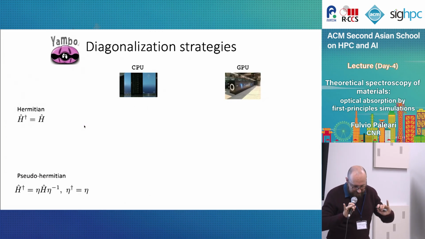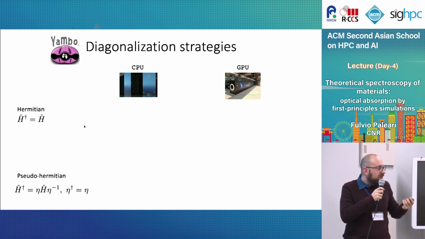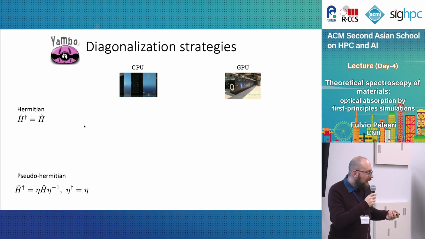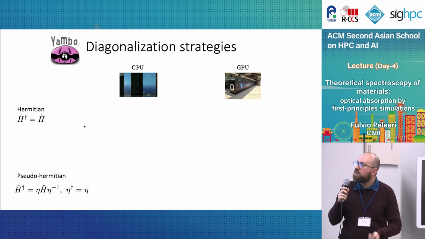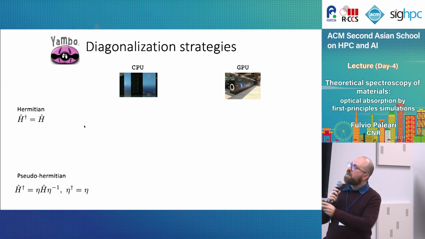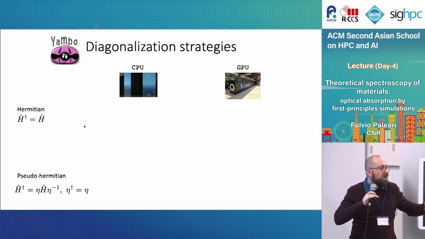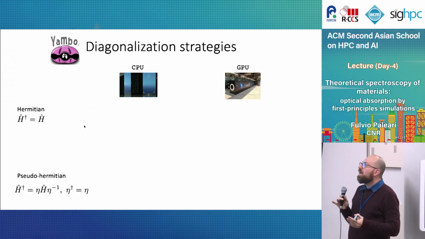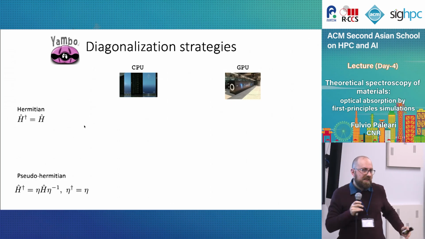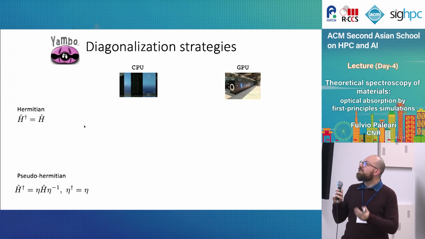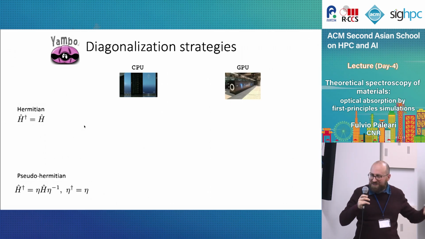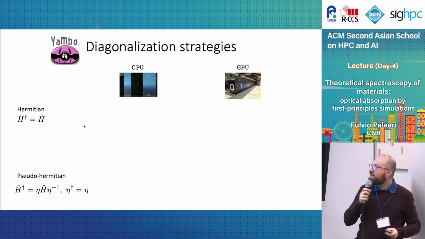And this is the last slide, just what strategies we use up to now for diagonalization of this matrix. We have the Hermitian and pseudo-Hermitian cases, but you also have to consider different cases for CPU clusters, like Fugaku now, and GPU clusters, like Fugaku Next or the European clusters.